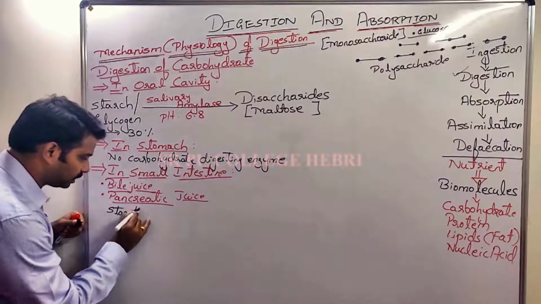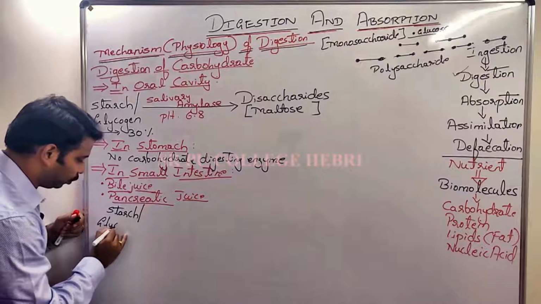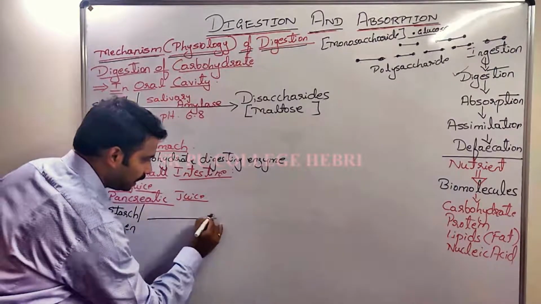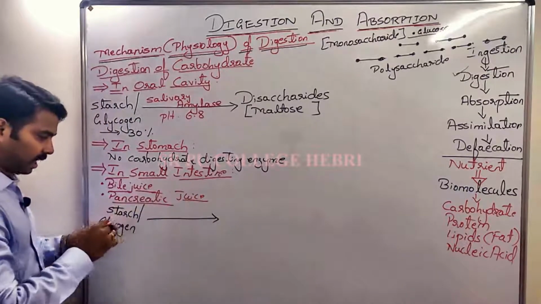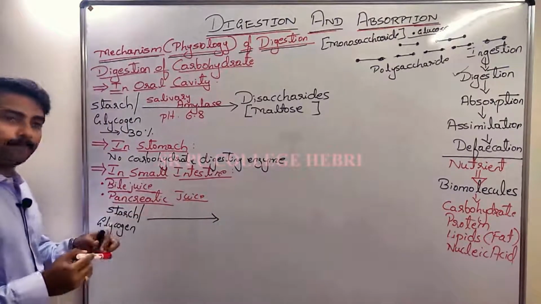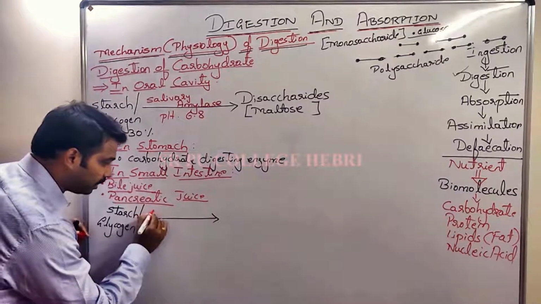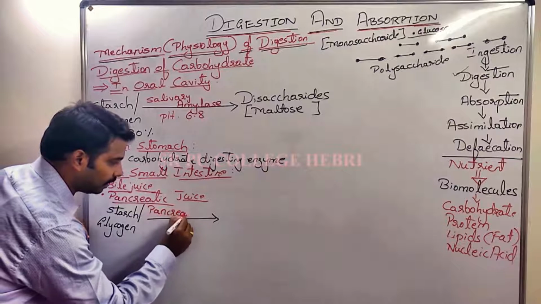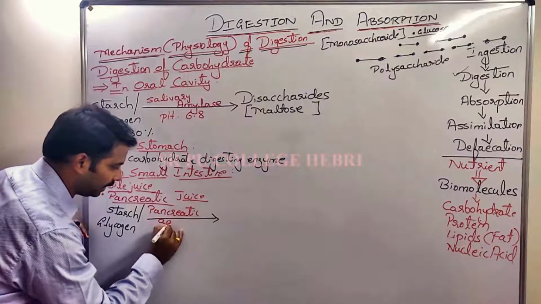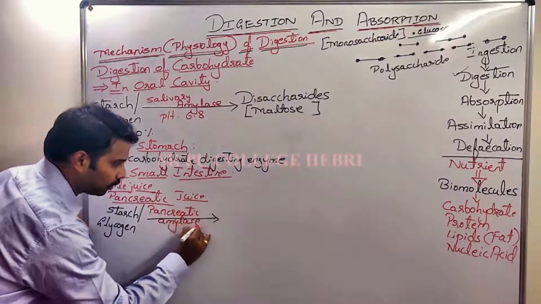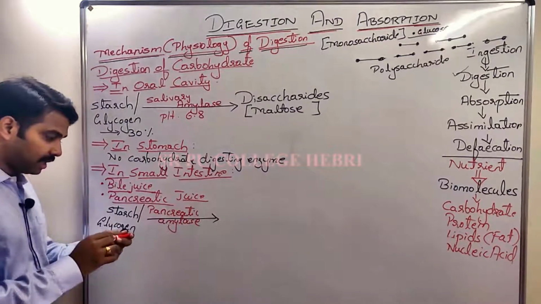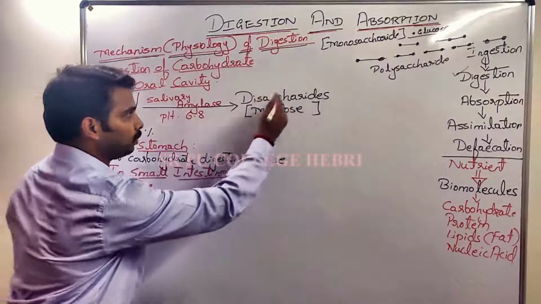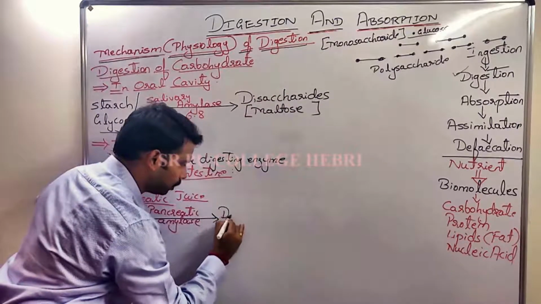The remaining starch and glycogen, dear students, how much percent? The remaining 70%. In your small intestine, in the presence of pancreatic juice having an enzyme called pancreatic amylase, it also breaks down the remaining starch into what?